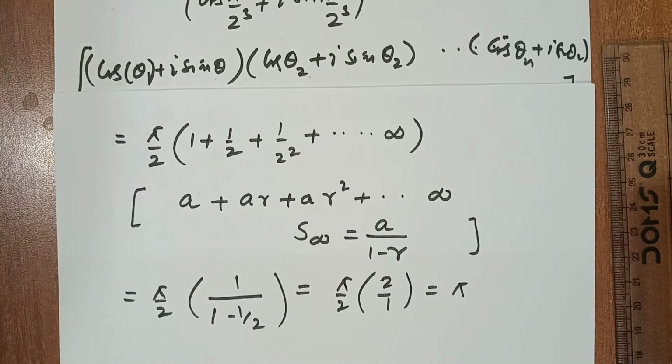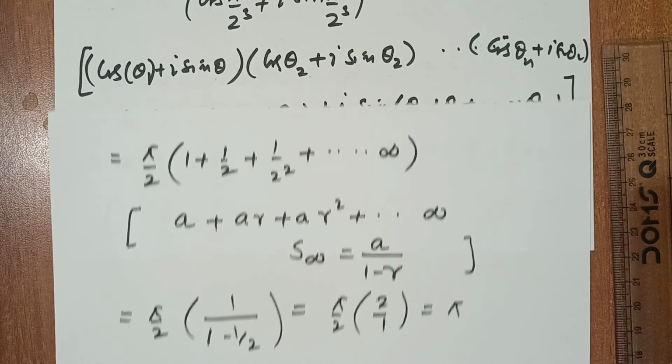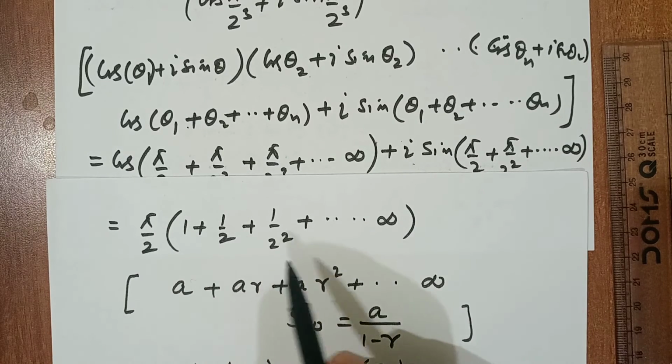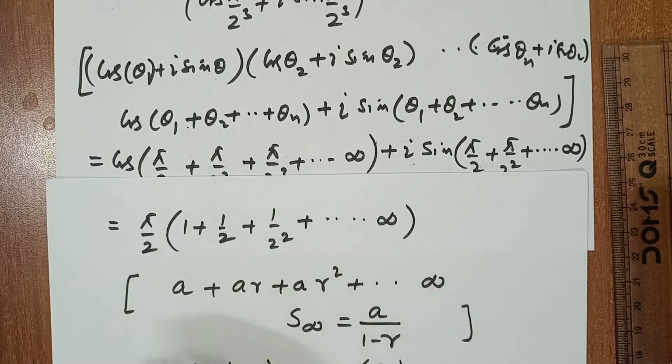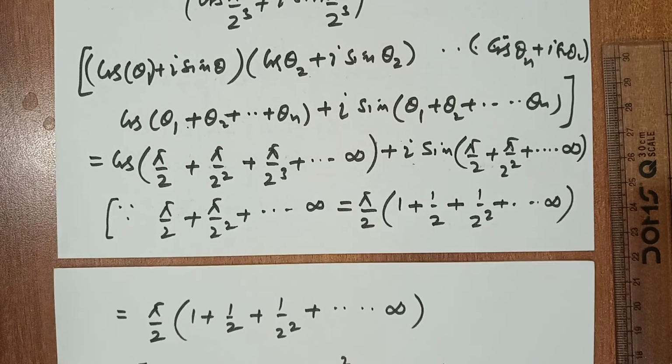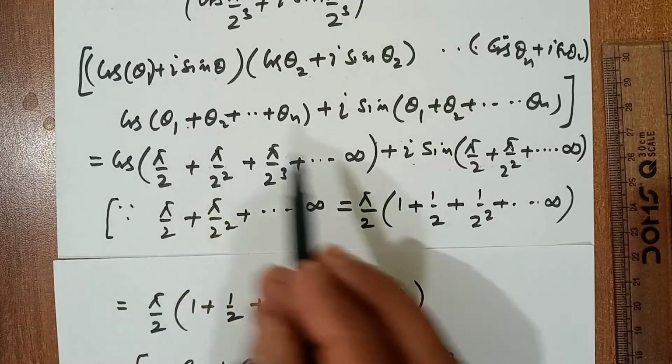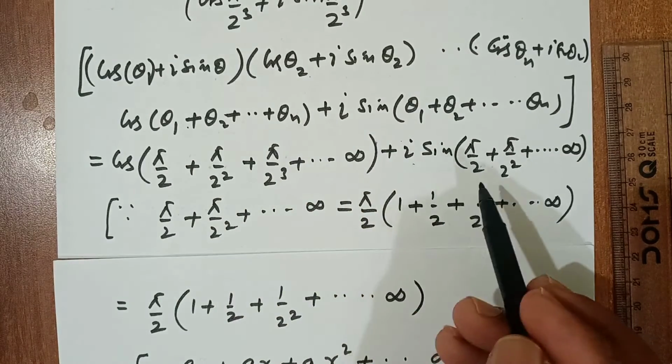Okay, it means the value of pi by 2 times 1 plus 1 by 2 plus 1 by 2 square up to infinite is equal to pi. Okay, it means the value is cos pi plus i sine pi.